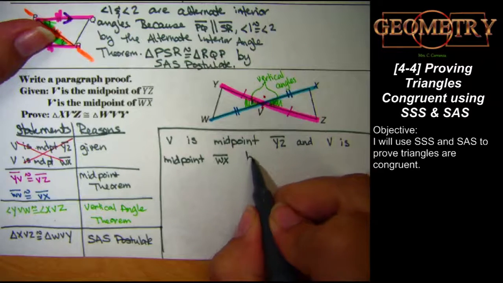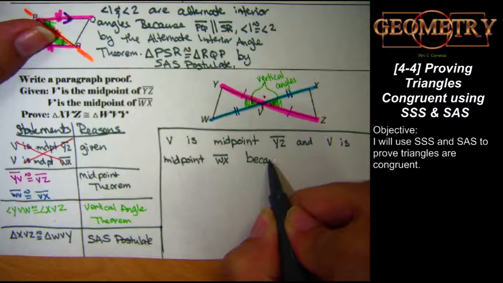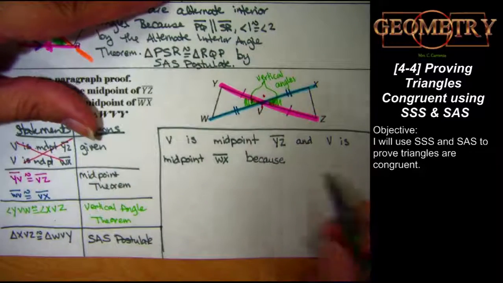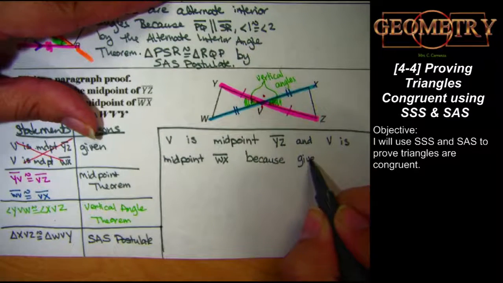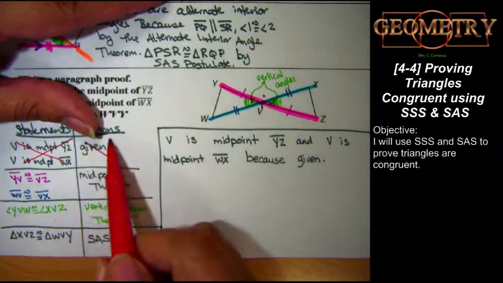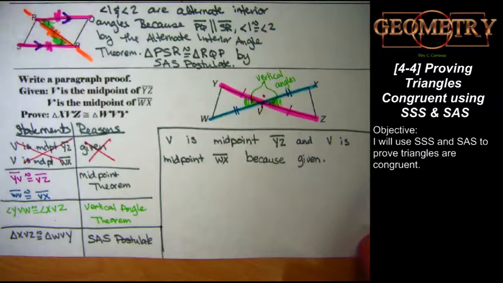Once I'm done with that statement, I'm going to write the word because, and then I'm going to go to its reason box, and I'm going to write whatever is in there. And then I'm going to put a period. And then I'm going to go to my next statement. I'm going to write everything in that statement box.